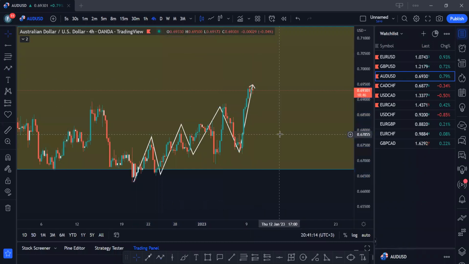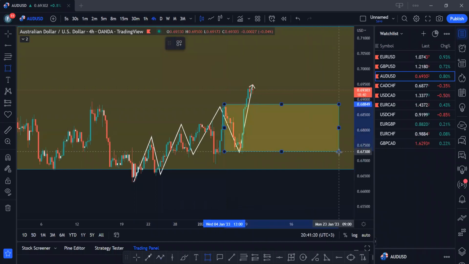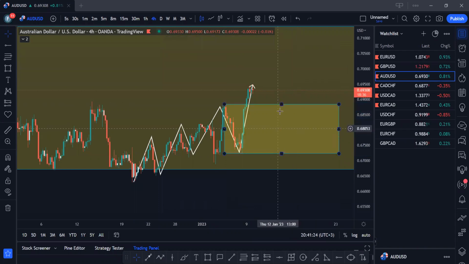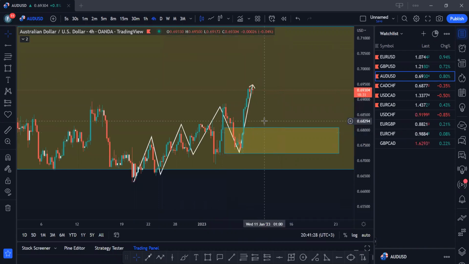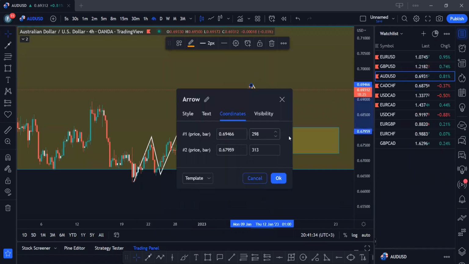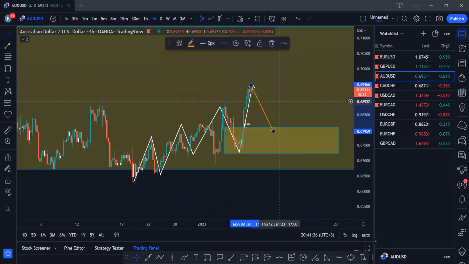For this demand range, I'd favor you waiting for price to get to the middle. If price retraces to the zone, you can start looking for a buy opportunity, because price is in a pro-trend uptrend on the 4 hours. Okay, good.